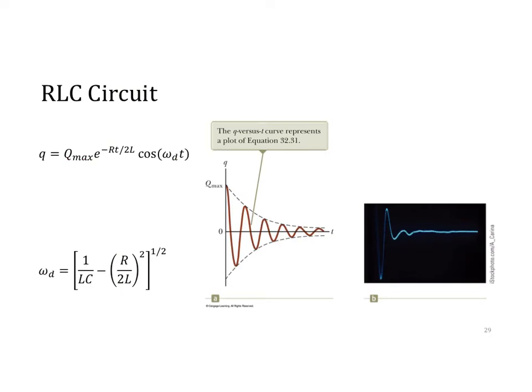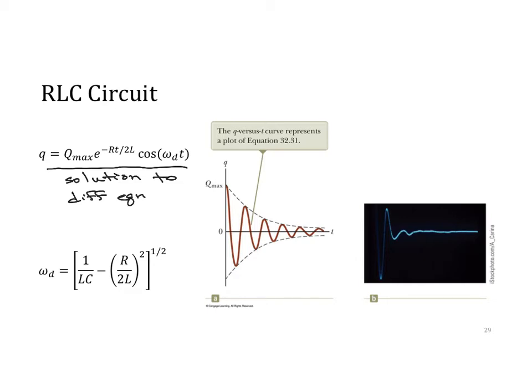So if we've already solved it, what we're going to get is equations that look like this. So here we've got the solution to that equation. That is our solution to our differential equation that was on the previous page.